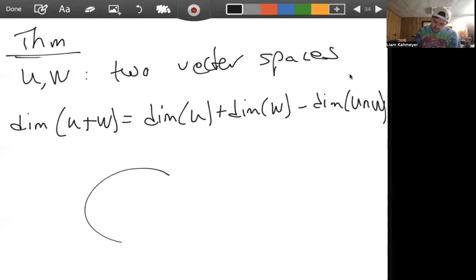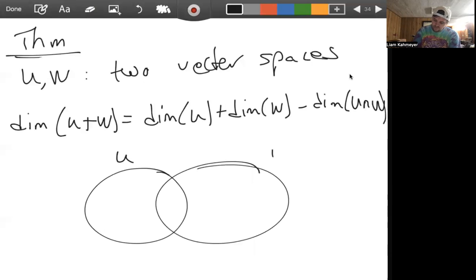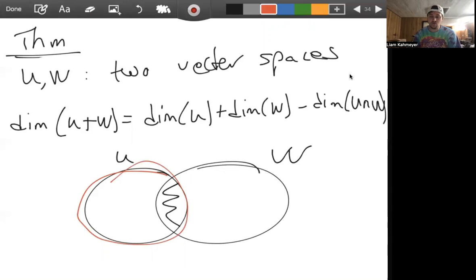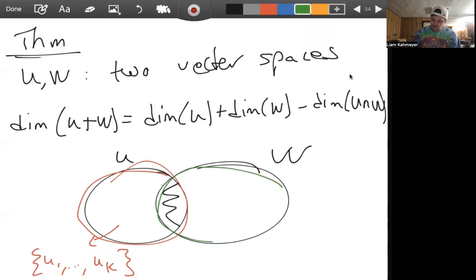Well, if you think about it, you have U and W, and then you have their intersection here. If you count all the basis elements of U, maybe there's U1 through UK here, and you count all the basis elements of W, and there's W1 through WL or something like this.